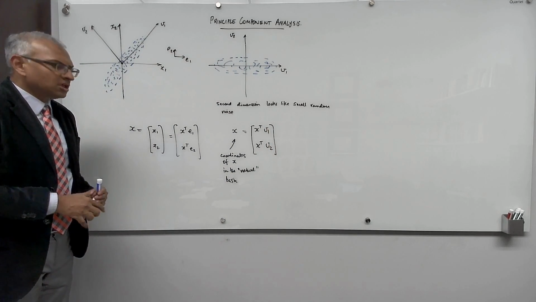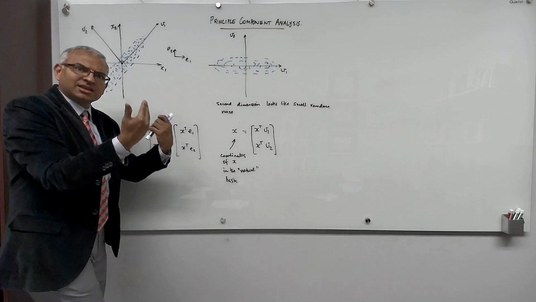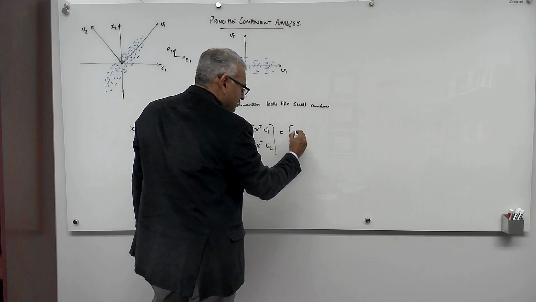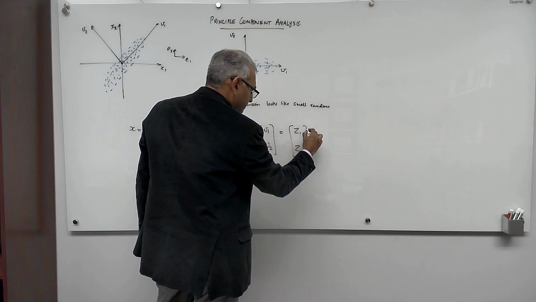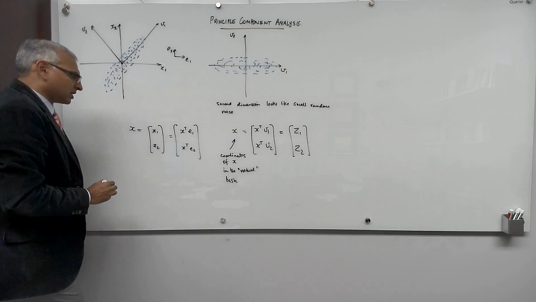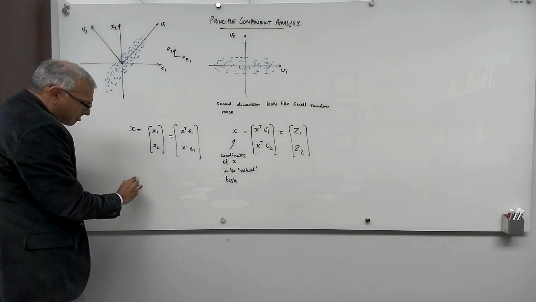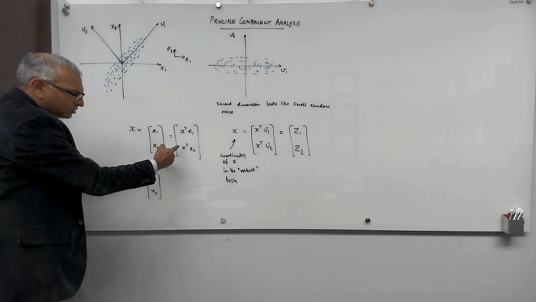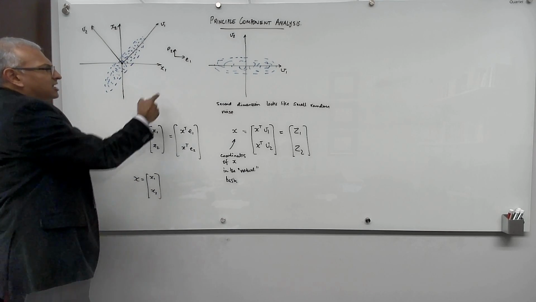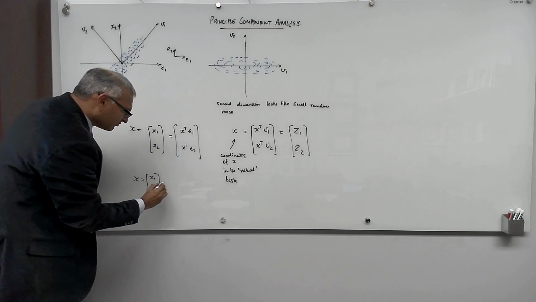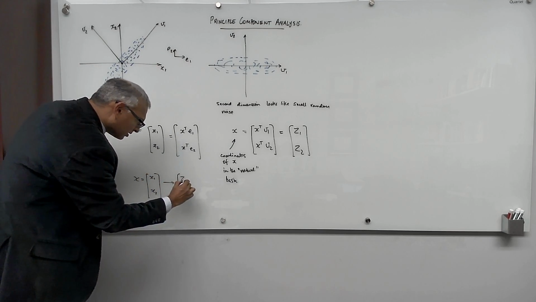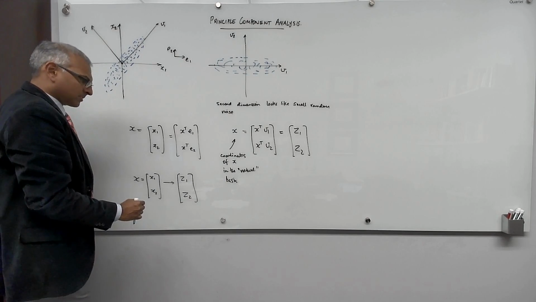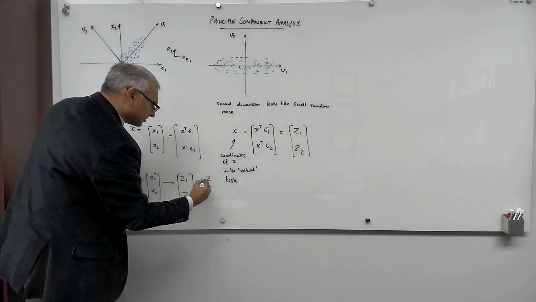So if I could figure out what the natural basis is, I can get the coordinates in this natural basis, and I can call these coordinates Z1 and Z2. And you see what I've accomplished. I've taken my x, which is x1, x2 in my standard Euclidean basis e1, e2, and converted it into Z1, Z2 in the natural basis V1, V2, and this is the transformed vector Z.